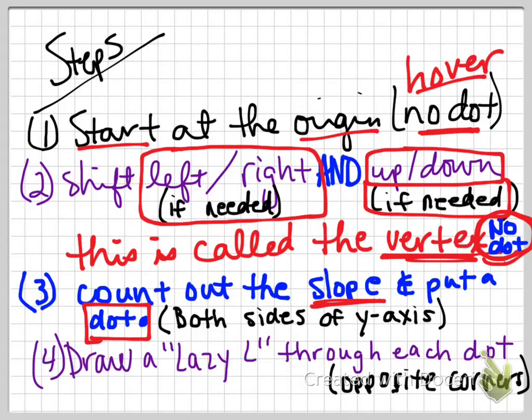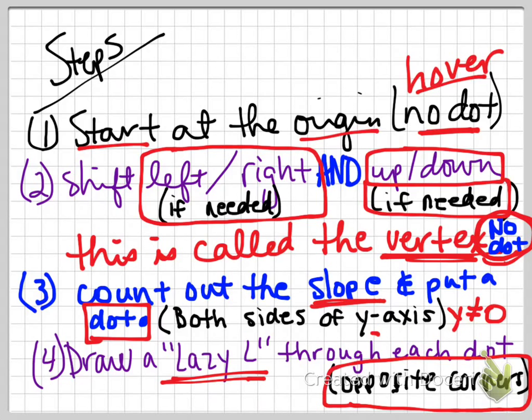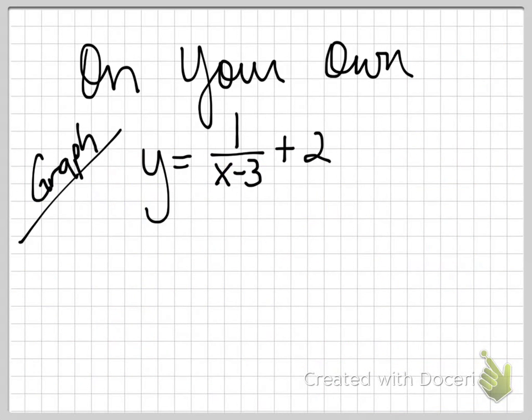It's going to be on both sides of the y asymptote, whatever the y does not equal. And then you're going to draw a lazy L through each dot, and it's going to be in opposite corners. So one L will be upright and one L will be upside down. These are the steps that you follow when you're drawing these graphs.